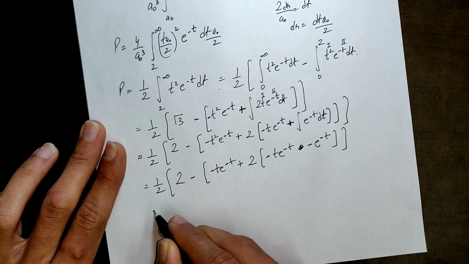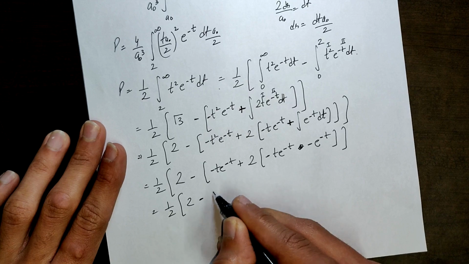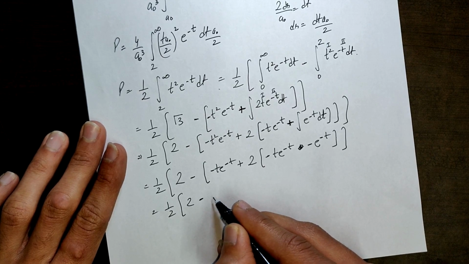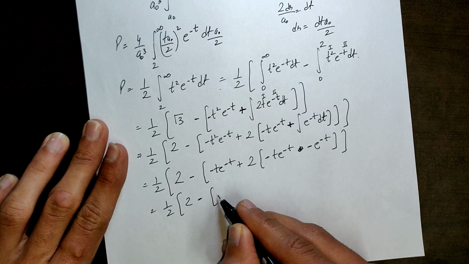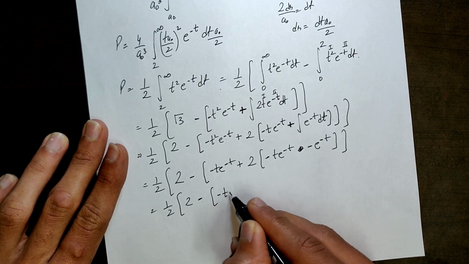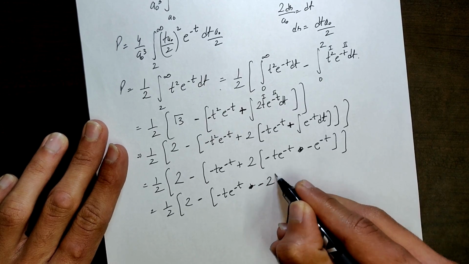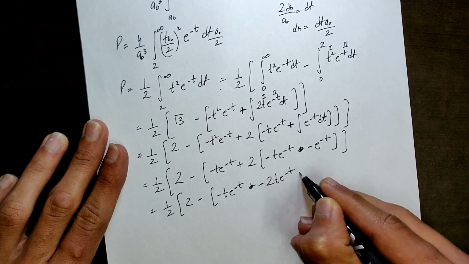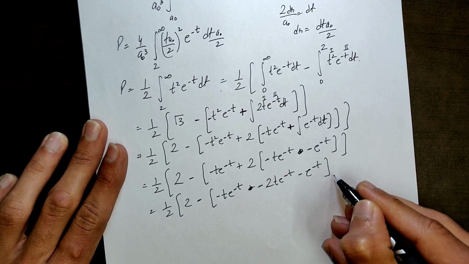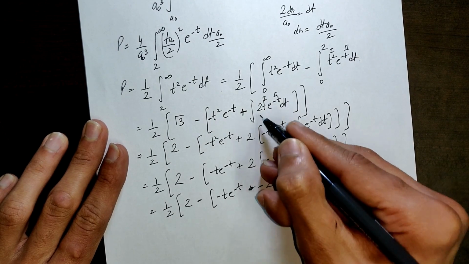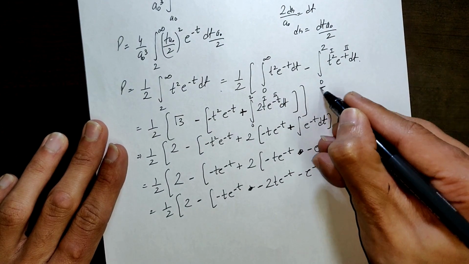Now we can open the bracket, half 2 minus t square e raised to power minus t minus 2t e raised to power minus t minus 2 e raised to power minus t. Now we can substitute the limits, it's from 0 to 2. The limits were 0 to 2 as here.